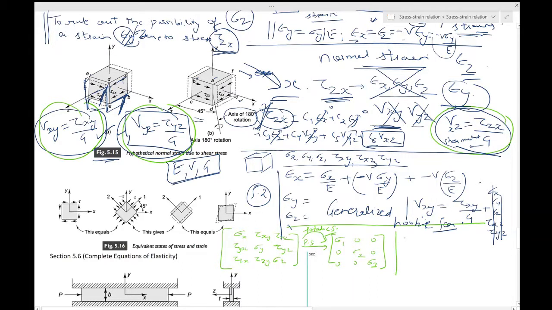Also, let me write epsilon x, epsilon xy, epsilon xz, epsilon yx, epsilon y, epsilon yz, epsilon zx, epsilon zy, epsilon z. This also you have done a rotation for, separately.